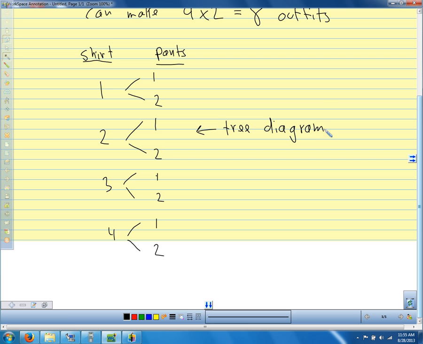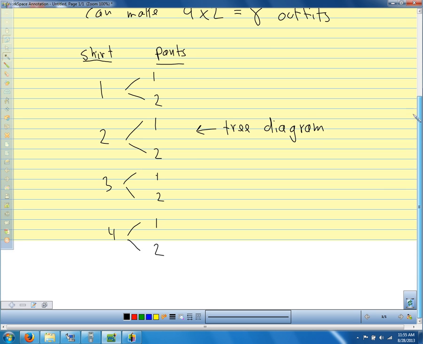And if we had more shirts or more pairs of pants, we would just add more branches to the tree. If we had 2 pairs of socks that could go with each one, for each branch out here, I would put a pair of socks. I'm just going to add on to my problem here.